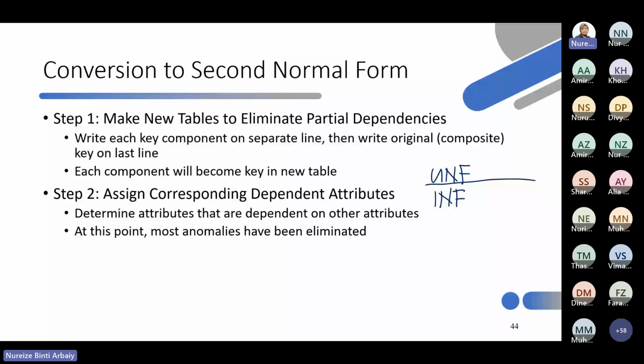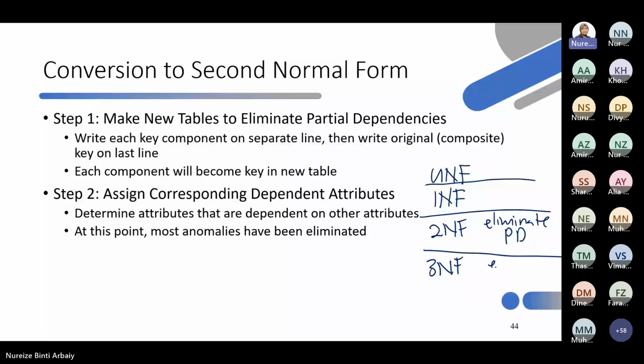Second normal form is to eliminate partial dependency. Third normal form eliminates transitive dependency. Then it should be okay. So first normal form still contains the partial and transitive dependency.